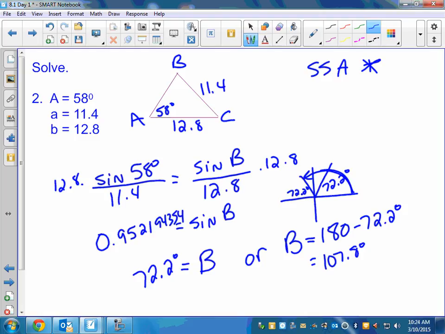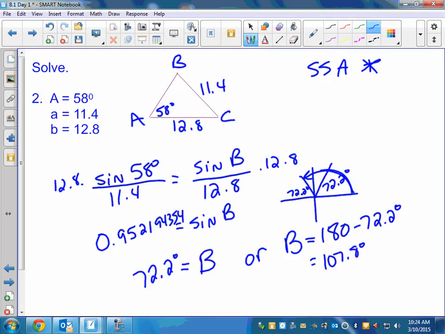So how do you know if there's two triangles? If you can make a triangle, if you can find a third angle, then it works. So here's the question. When I take 107.8 and I add it to 58, if it's bigger than 180 already, do you agree there can't be a triangle? Because if it's bigger than 180 when you have two angles, it can't have a negative angle.